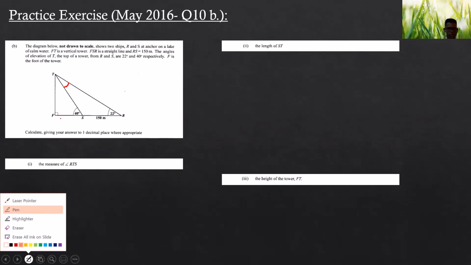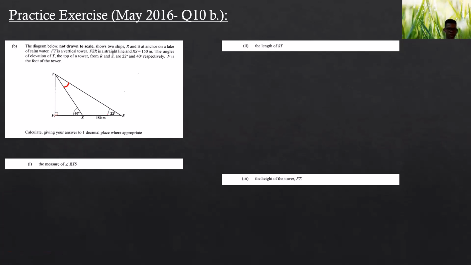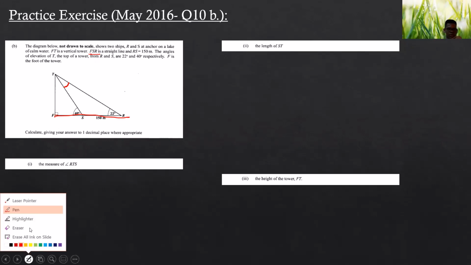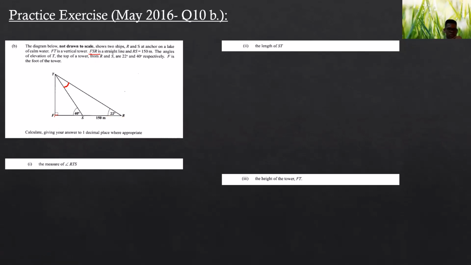So no one's saying. They indicated that FSR is a straight line, and we know angles on a straight line make 180 degrees, a half circle.